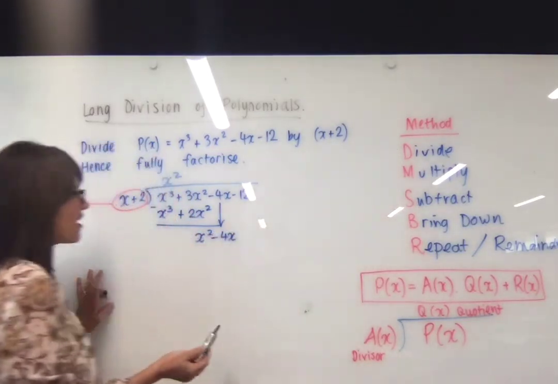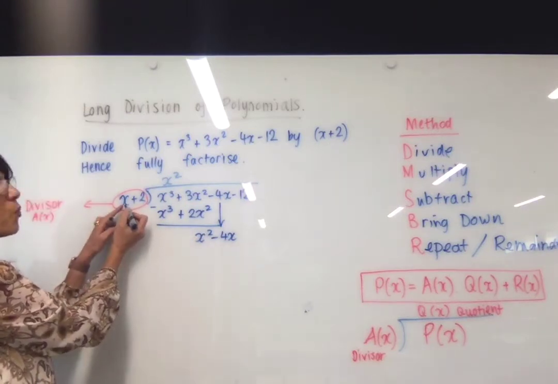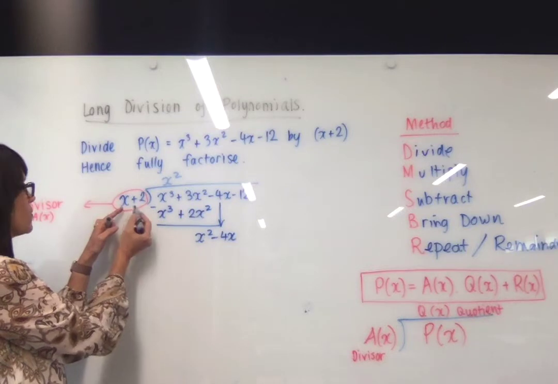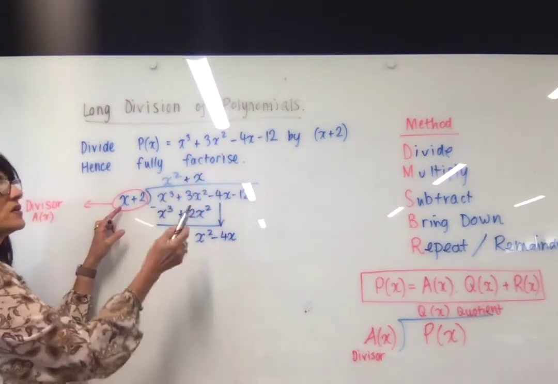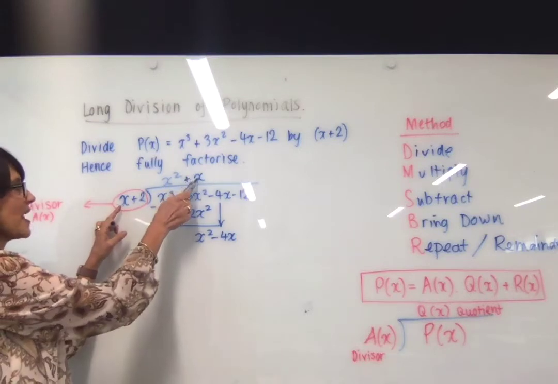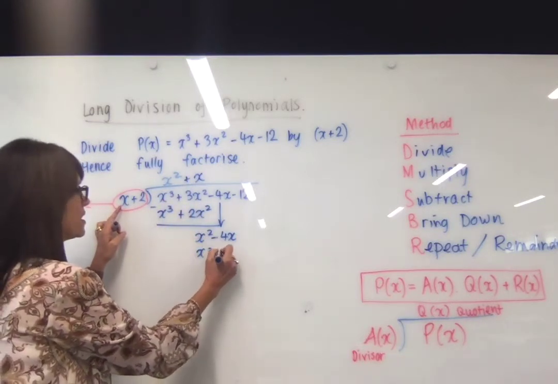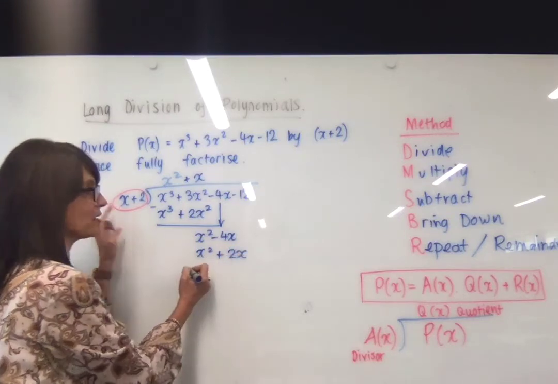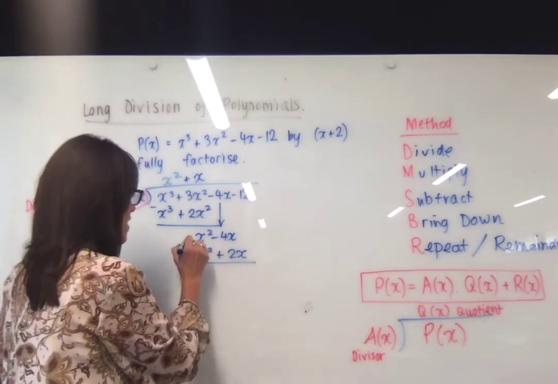Go back to dividing. x squared divided by x. What does that give us? x squared divided by x gives us x. So now we're going to multiply. x times x plus 2 will give us x squared plus 2x. So divide, multiply, next step, subtract.